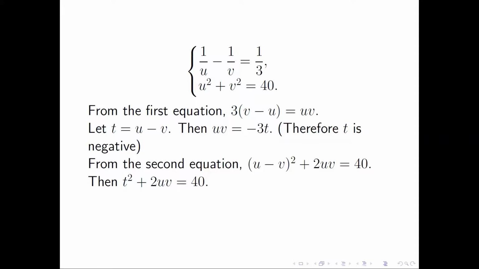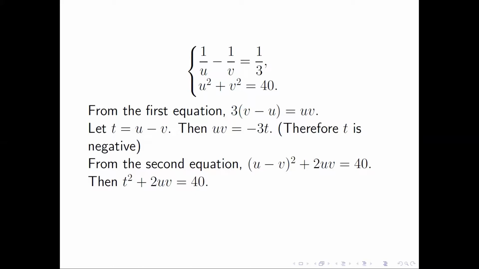And from the second equation, u squared plus v squared can be rewritten as u minus v squared plus 2uv. Then we have t squared plus 2uv equals 40. So we establish another relation between t and uv.